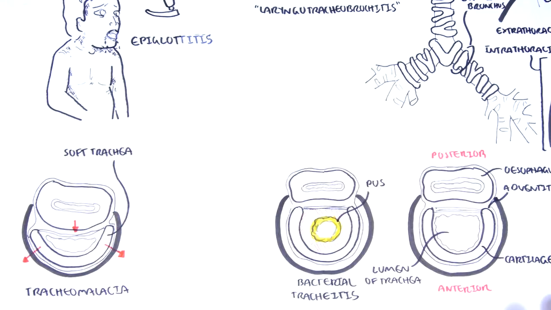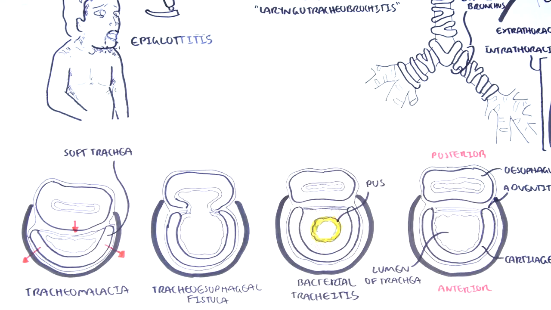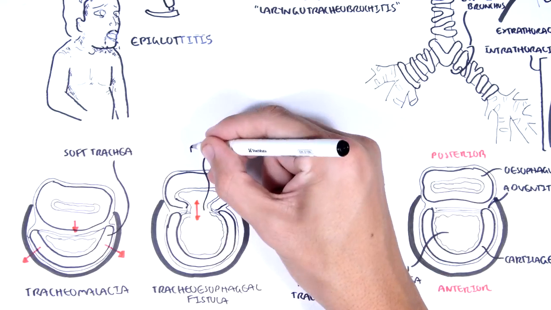Tracheal narrowing occurs with expiration and causes an expiratory stridor, because remember, this area we're already starting to head towards the intrathoracic region. Tracheoesophageal fistula is another cause of congenital stridor, and a fistula is basically an abnormal passage between two hollow spaces, and this being the trachea and the esophagus posterior to this.